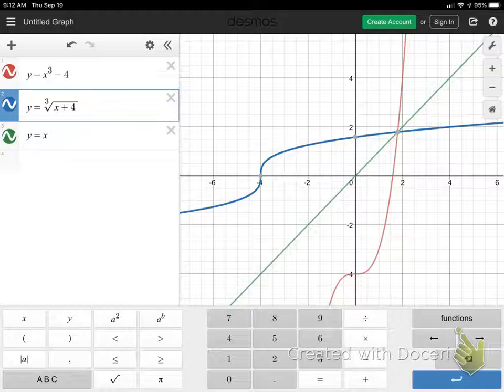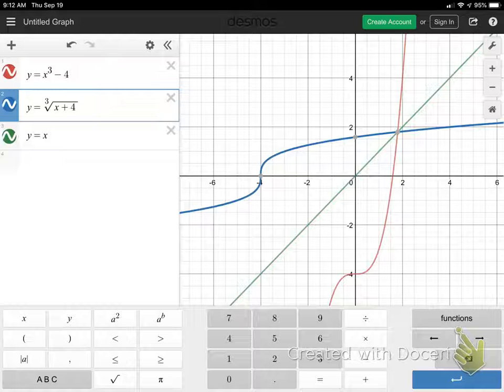So there's a couple things that I want you to look at. I want you to look at the red graph. The red graph is my original function. Where does the red graph cross the y-axis?